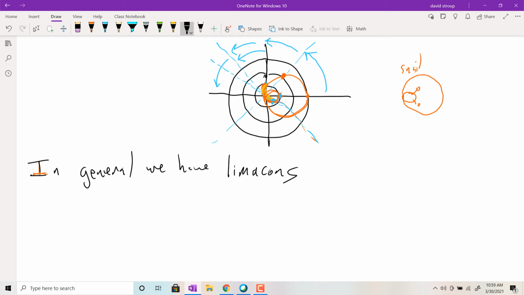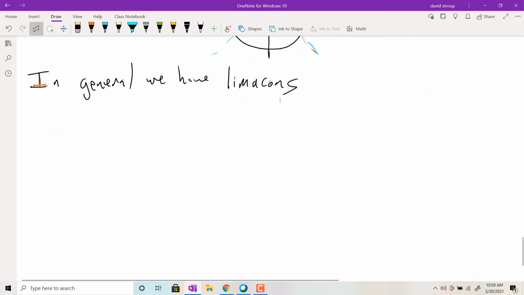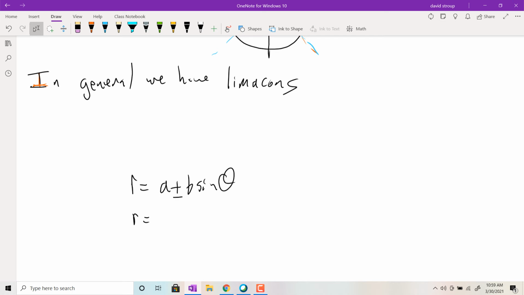It's not like you're going to be at some sort of party talking about it, are you? But yeah, they give you the pronunciation in the book. But anyways, the formulas that give you these: r equals a plus b sine theta, or r equals a minus b sine theta, or r equals a plus or minus b cosine theta. Okay. And we have a is always greater than 0 and b is greater than 0.